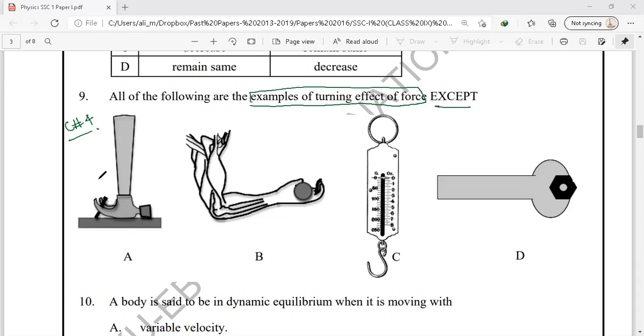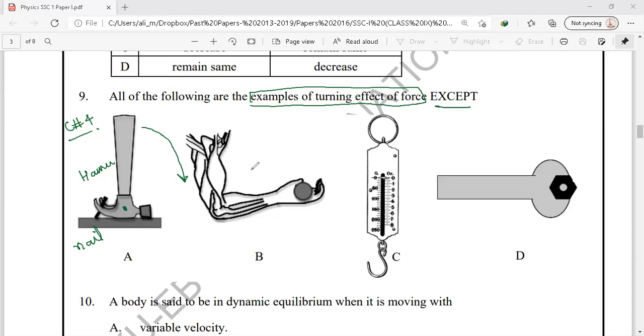So in option A, we have a hammer that is used to pull out a nail. So in this example, this will be the fixed point or rotating point, and we will rotate this hammer in this clockwise direction. So torque is involved in this case.